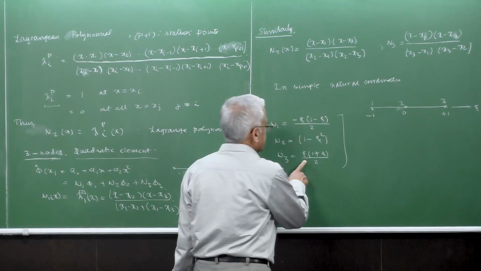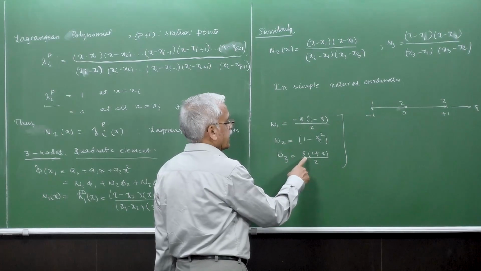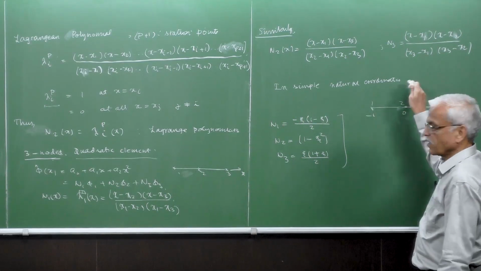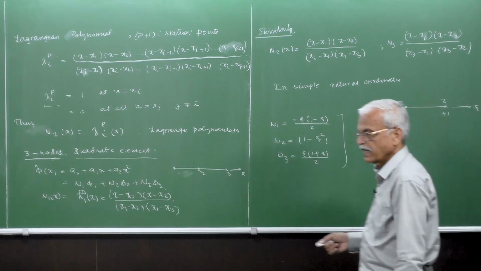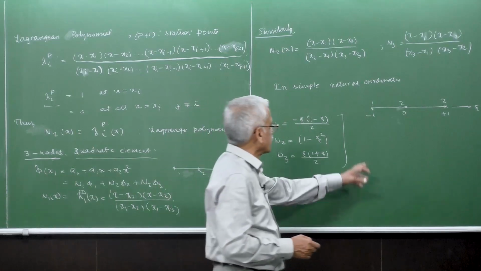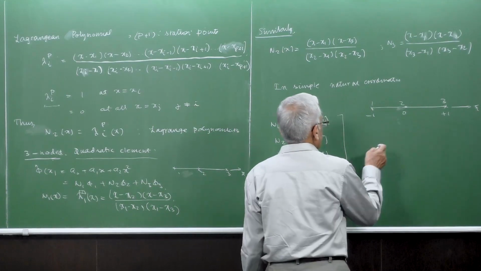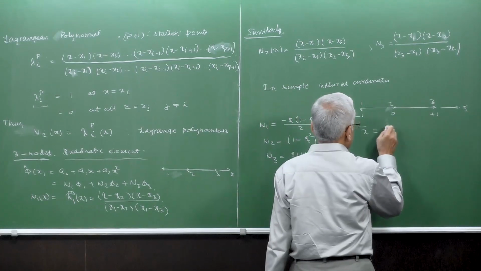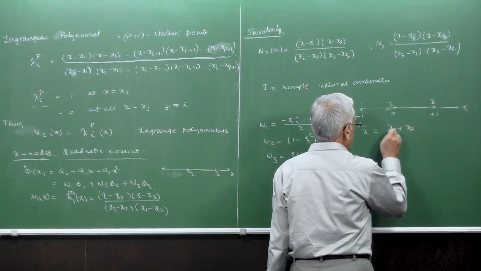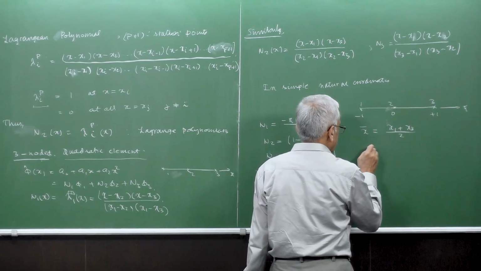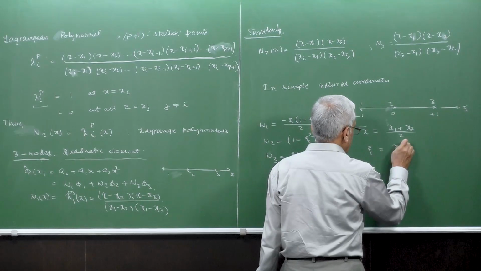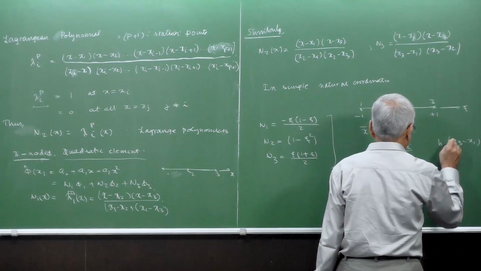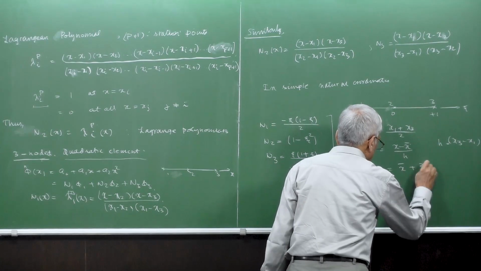You can see very well, even the N3, when it is +1, it is equal to 1, and at -1 and at 0, it is 0. In fact, this is the natural coordinate, so the correspondence between these two coordinate systems, the actual coordinate system x and this simplified expression in terms of natural coordinates, the transformation between these two is x bar and h.